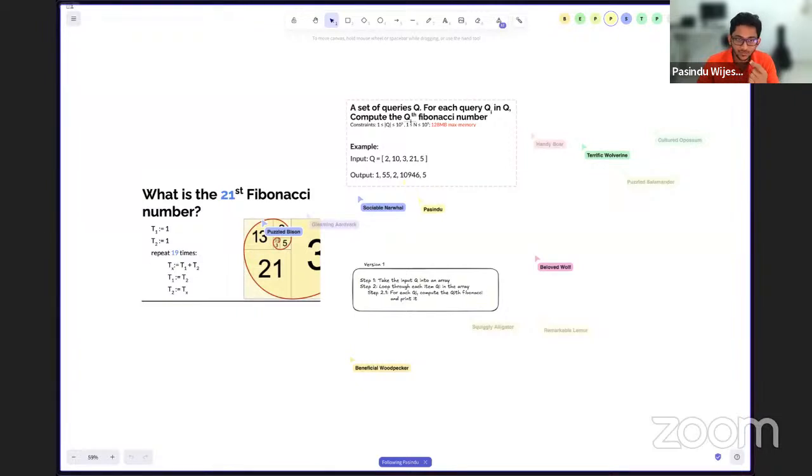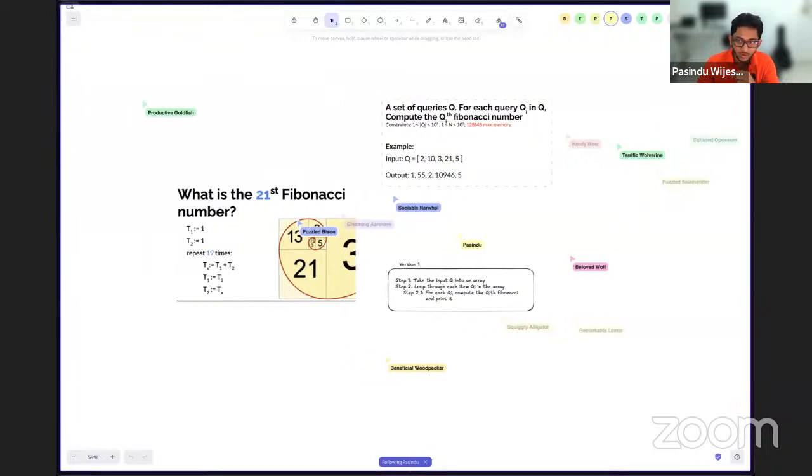And for each one of those 100,000 queries, we're going to see an n between 1 and 1 billion. For each such Qi, we're going to go through this whole process of repeating a loop. If we get a 100,000-element array of 1 billions as the input, you're going to call this Fibonacci function to compute the 1 billionth Fibonacci number 100,000 times.